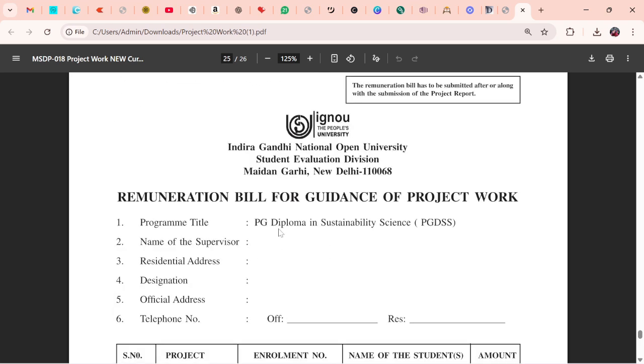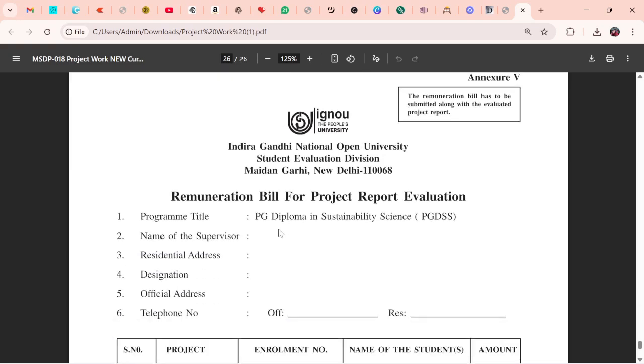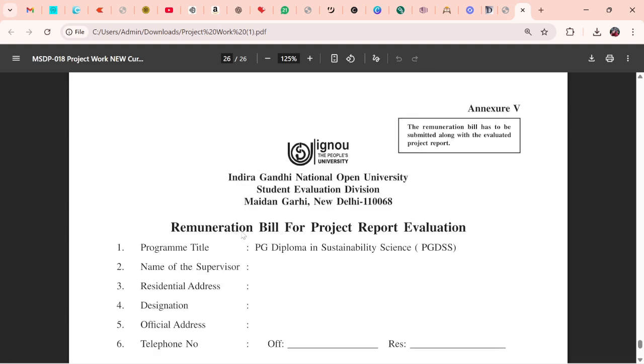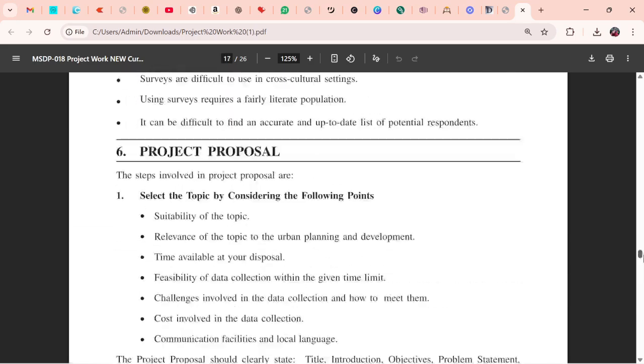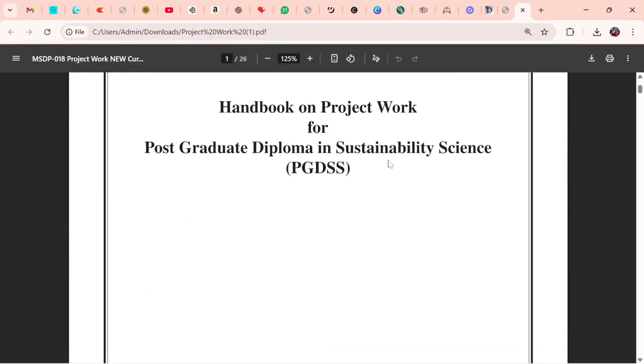This is for your guide. Okay, and this is the remuneration bill for project report evaluation. So I already had a conversation on this particular guideline. Okay, I think I have already told you so many things on this particular project report.